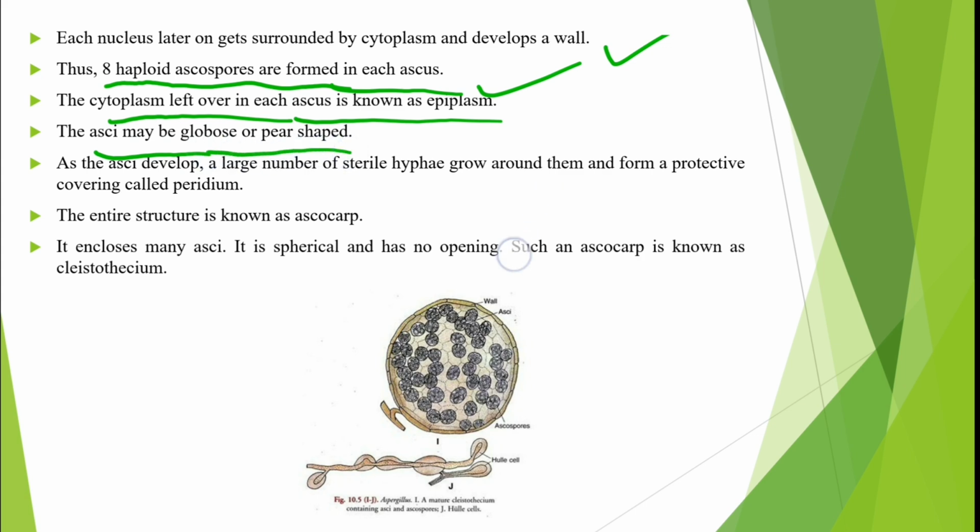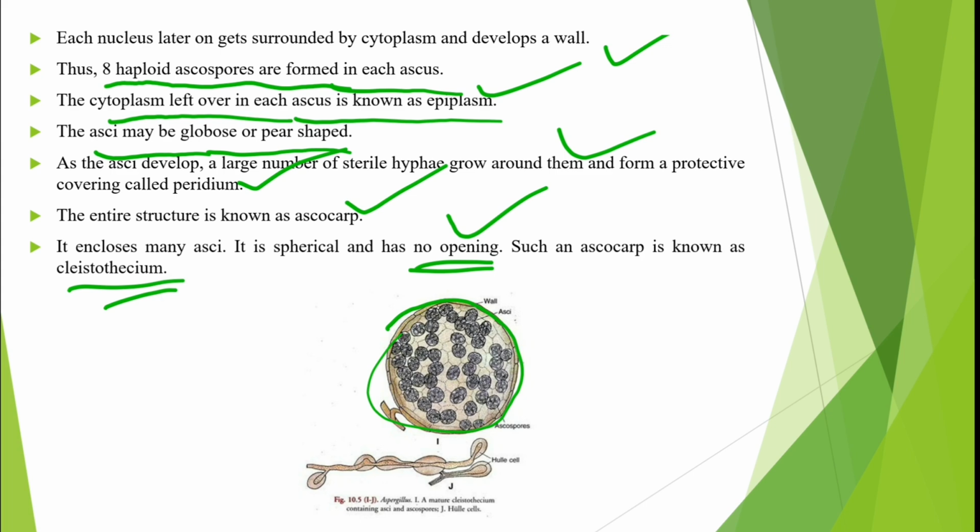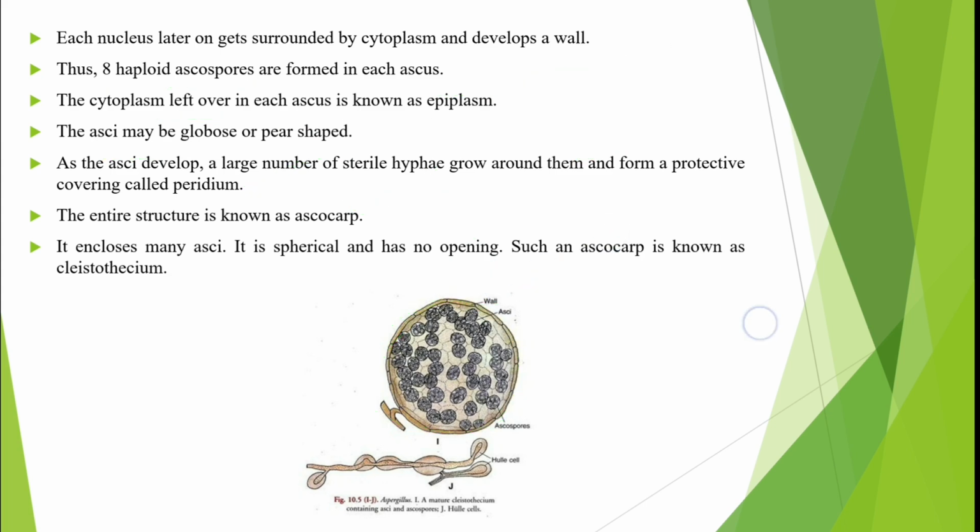As the asci develop, a large number of sterile hyphae grow around them and form a protective covering called peridium, and the entire structure is the fruiting body of Aspergillus, known as ascocarp. As this ascocarp has no opening, in the case of Aspergillus it is called a closed ascocarp or cleistothecium. It is the fruiting body of Aspergillus.